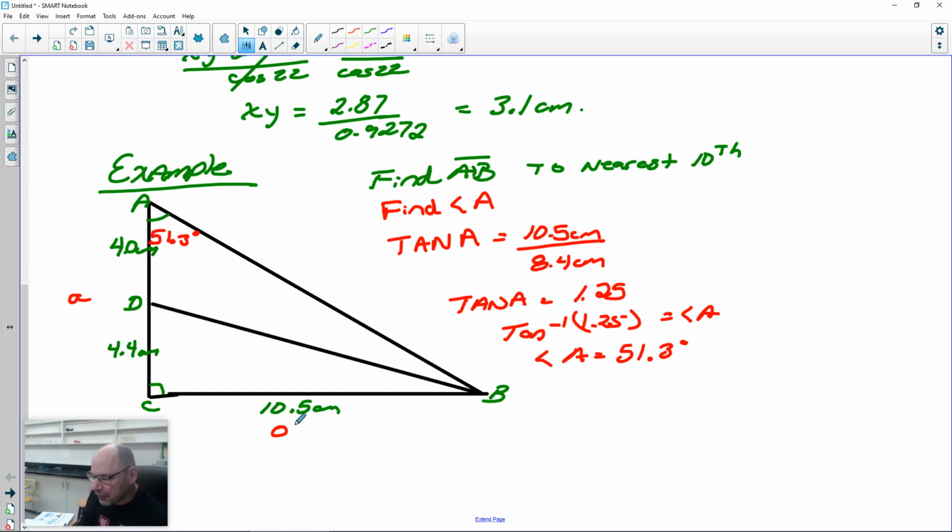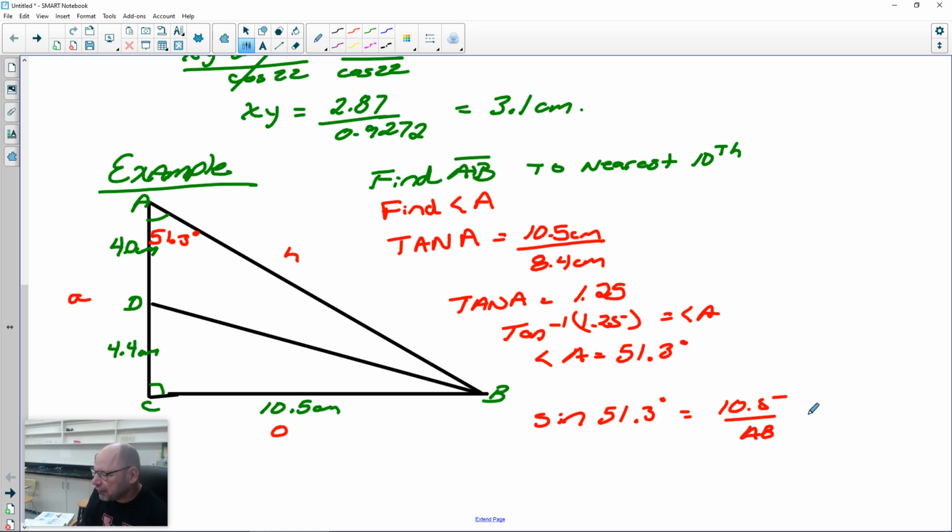This time I'm going to use the 51.3. It's going to be opposite over hypotenuse, so that's sine of 51.3 degrees is going to equal opposite over hypotenuse, 10.5 over h, which is our AB that we're trying to find.